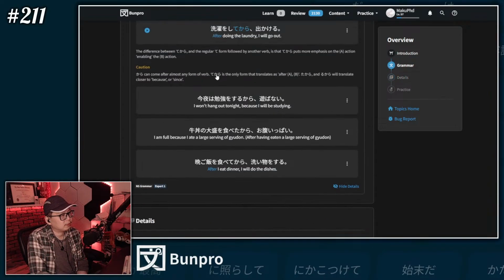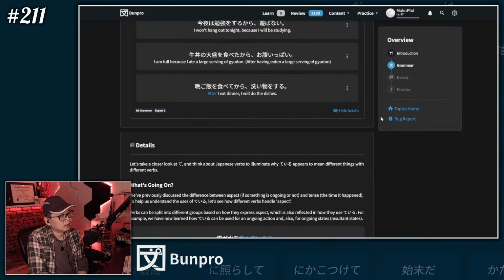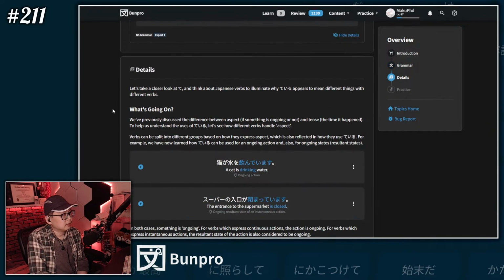And then this is the progressive. Or not the progressive, but the te form. So te form, past tense, and I guess dictionary, or non-past plain form. Let's take a closer look at te and think about Japanese verbs to illuminate why teiru appears to mean different things with different verbs.